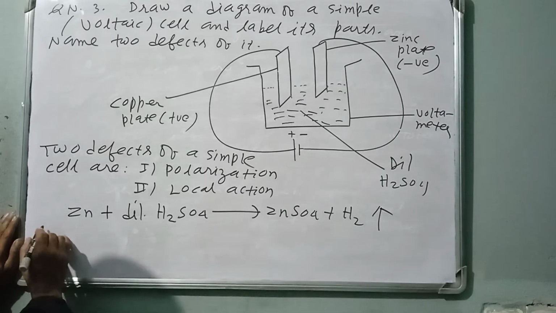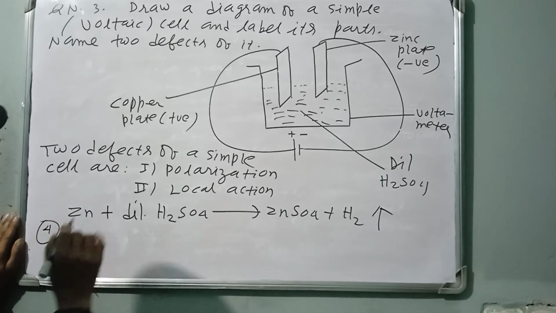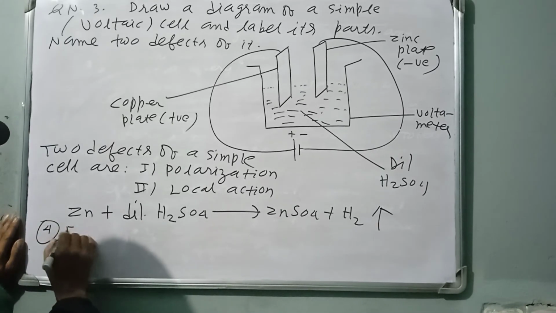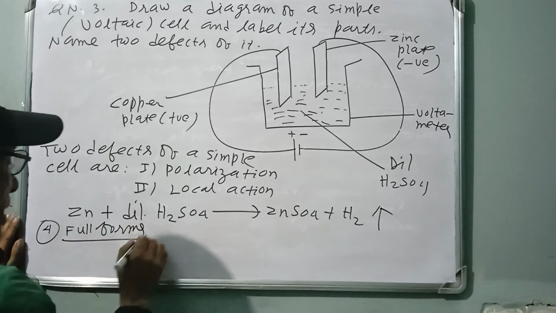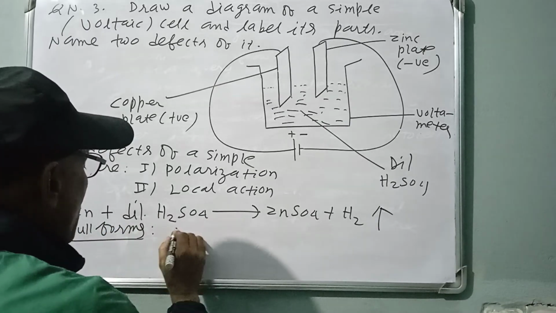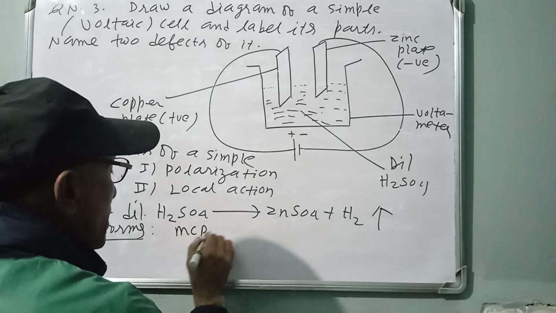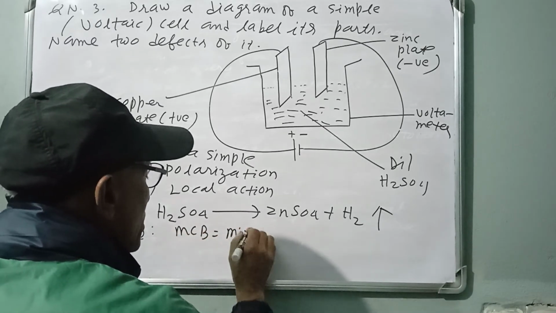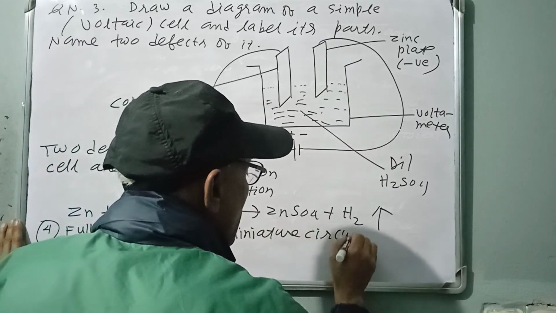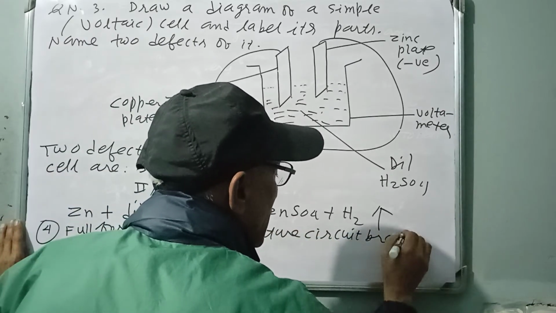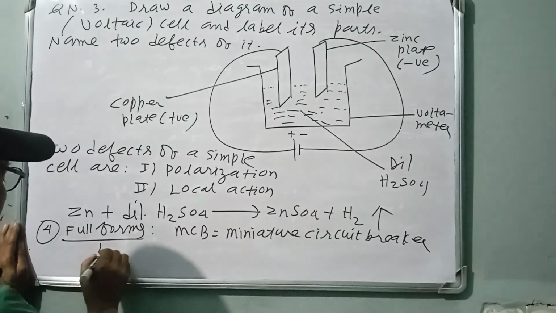And another: write full forms for class 8. Number 1, MCB, miniature circuit breaker.